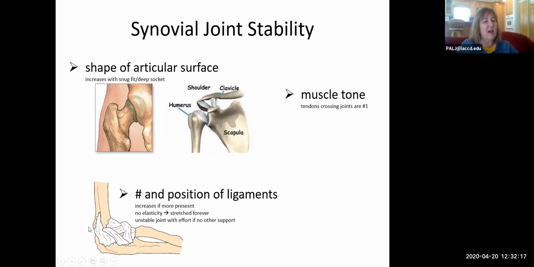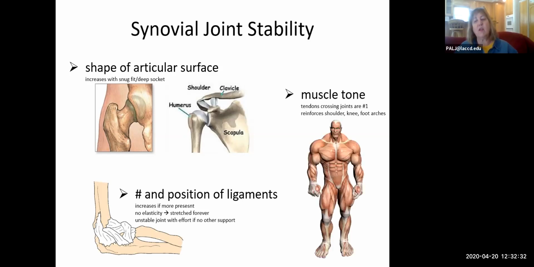So technically, they're not ligaments, they are tendons. They are both dense, fibrous connective tissue. And there are proprioceptors in the muscles which will actually correct and help with the stability of that joint. So you don't have to become a muscle guy like this, but this is super important for your shoulder and your knee and your ankle and foot.